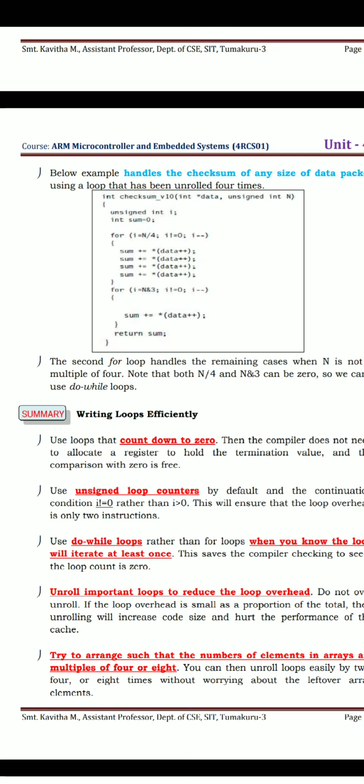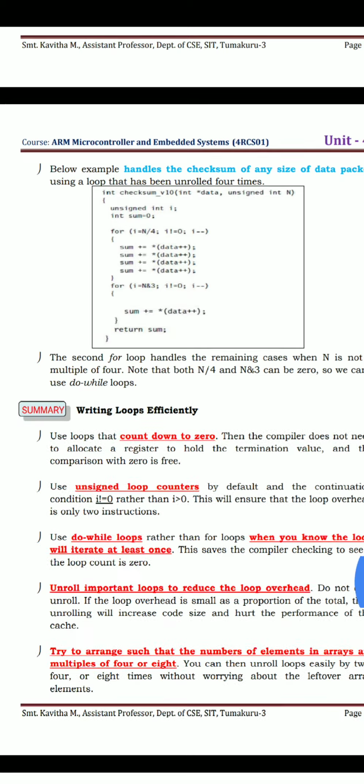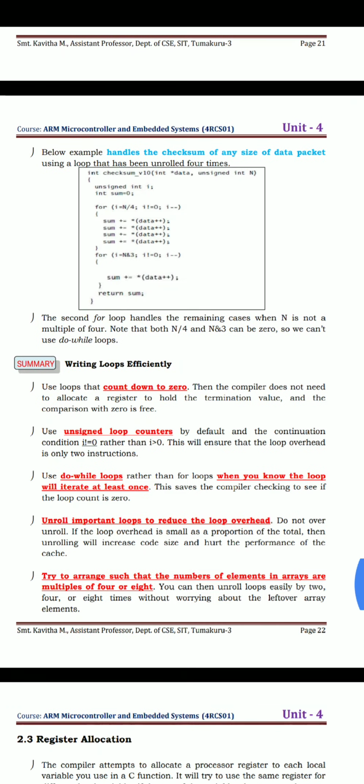Coming to the summary of writing loops efficiently, these are the points you need to remember with respect to loops. Go for loops that count down to 0, and use unsigned loop counters with the test condition i != 0. When you know that the loop is executed at least once, go for do-while loops, which will save some cycles.